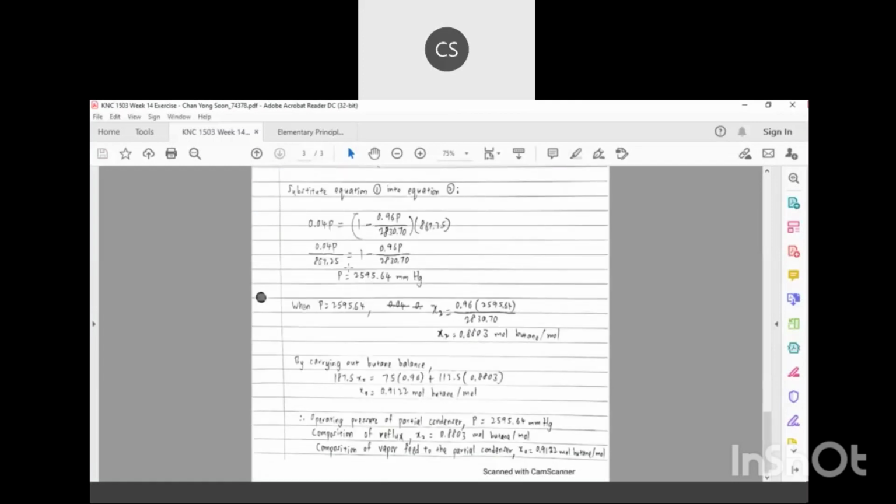And then after you have the value for the operating pressure 1 and the mole fraction of the butane in the liquid phase, you can carry out the butane balance. You can simply use input equals output.